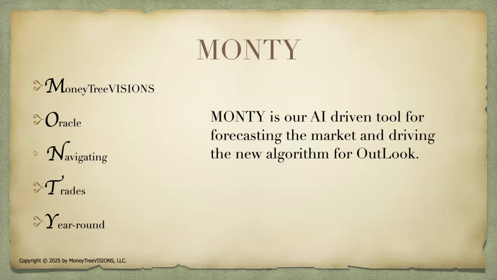And so we've been experimenting with several of these tools, and we've come up with one that we think is unique for us. It's not something that's publicly out there. It's something that Ron and I have developed, and that's what we're using now for our forecasting tools as well as for Outlook.